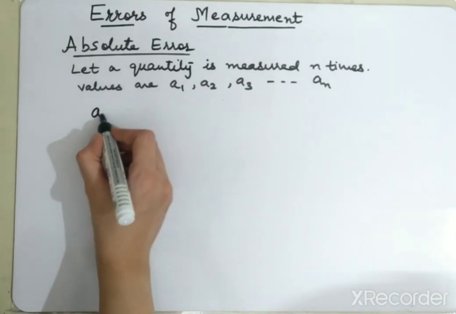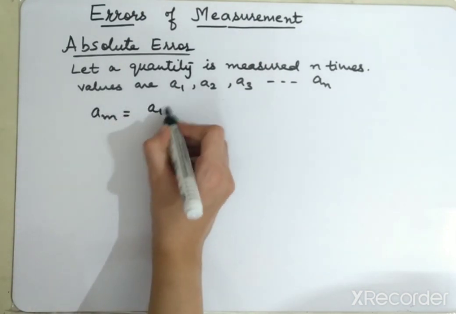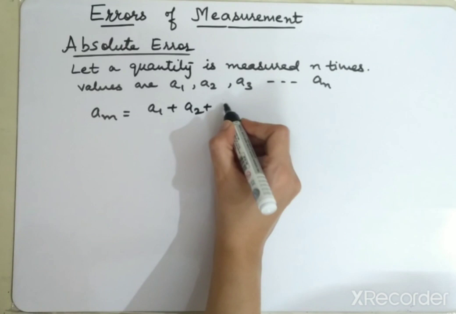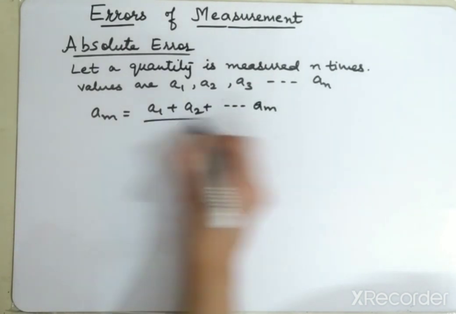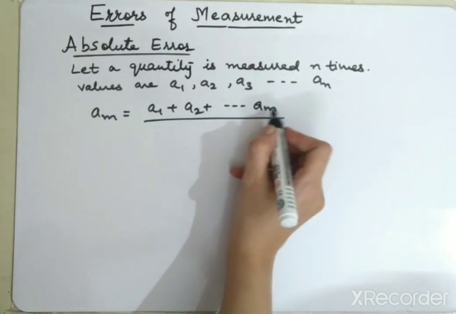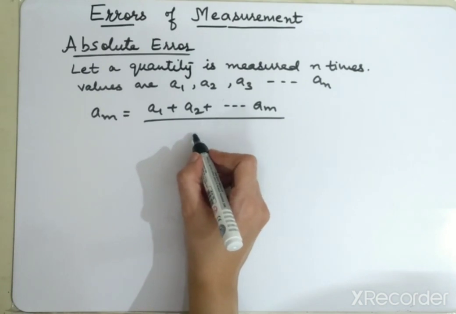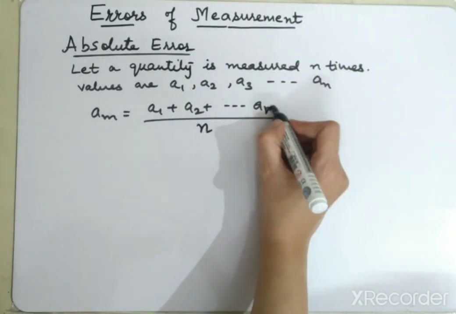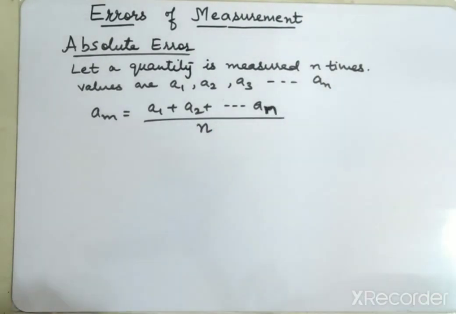Then the arithmetic mean of these values will be the sum of all the observations divided by the total number of observations, so here I will have n.